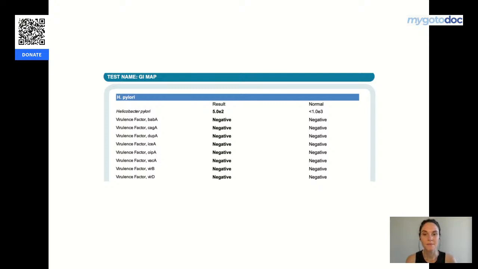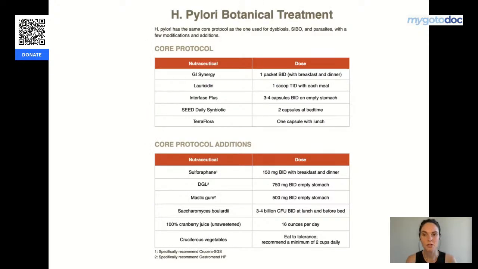So the next section of the GI stool map is a botanical treatment for H. pylori. So often when people are diagnosed with H. pylori, they're given an antibiotic protocol, often with 3 different types of antibiotics. But it's possible to kill this bacteria. Well, not totally.